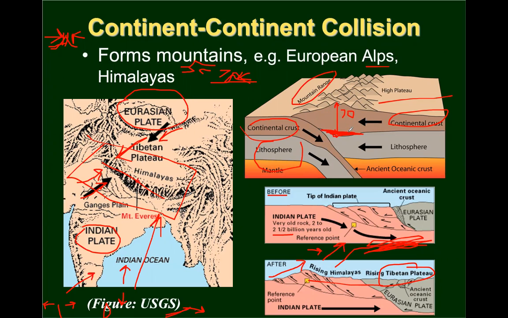10 kilobars is like 30 kilometers. So 70 kilometers means more than 20 kilobars. More than 20 kilobars is well enough to convert graphite into diamond, right? It's like eclogites. I mentioned we have diamond in eclogites, right?